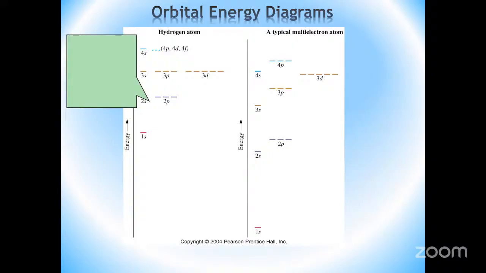In the case of the hydrogen atom, the subshells belonging to the same shell have the same energy, but in the multi-electron atom, that's not the case. Another difference is that, generally speaking, the energies of the shells themselves in the multi-electron atom are lower compared to the shells in the hydrogen atom. For example, the 1s subshell, which is in the first shell, is here.